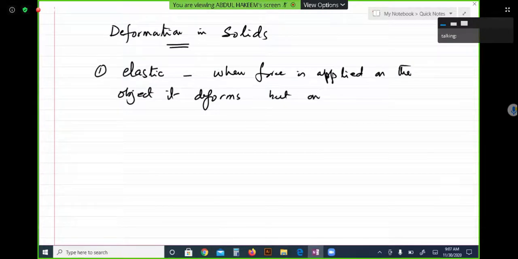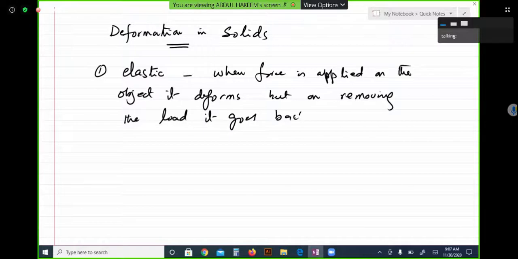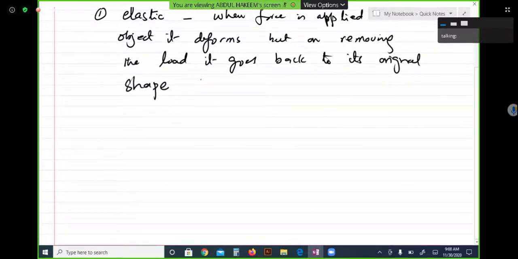But on removing the load, it goes back to its original shape. So this behavior, this property is called elasticity. And the material is called elastic.